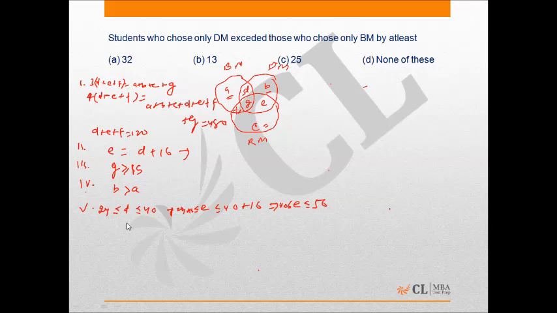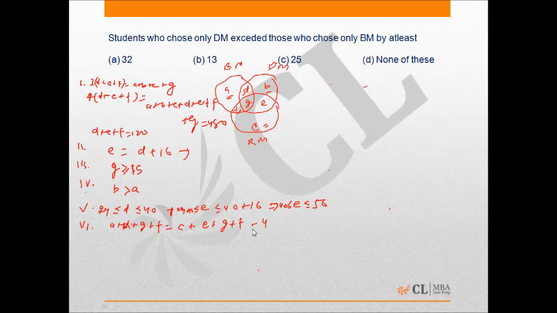Now coming to the next statement, in which it is given that the number of students who chose BM, that is A plus D plus G plus F, is 4 less than that of those who choose RM, which means C plus E plus G plus F minus 4.